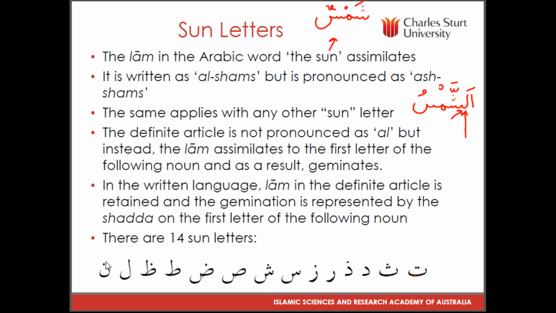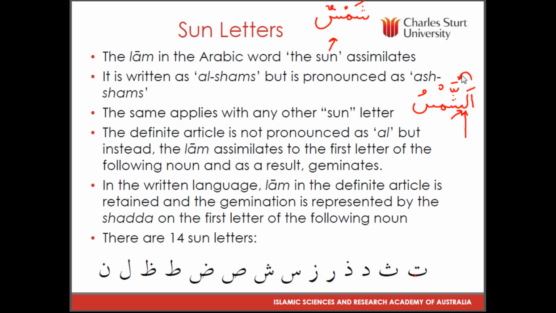Okay, the definite article is not pronounced as al, but instead the lam assimilates to the first letter. It becomes ash-shamsu. Look, this lam is directly ignored. In the written language, the lam in the definite article is retained. You have to write it all the time, but in terms of articulation, it just assimilates.